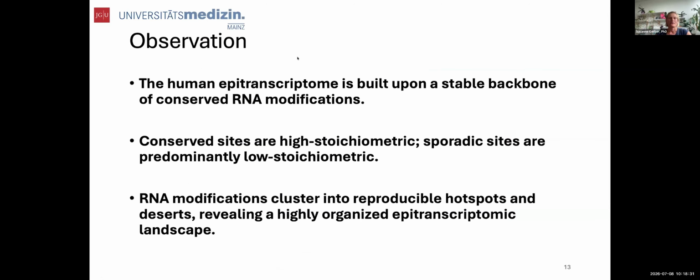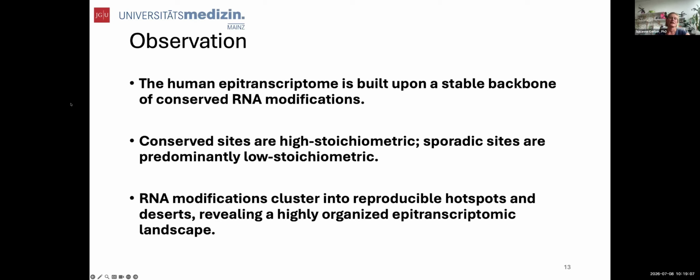Summing up these observations, there is obviously a constant, conserved epitranscriptomic backbone in the cohort, and those modifications also have very high stoichiometry, whereas sporadic sites, as I showed you, have predominantly low stoichiometry and can quite likely be false positives.